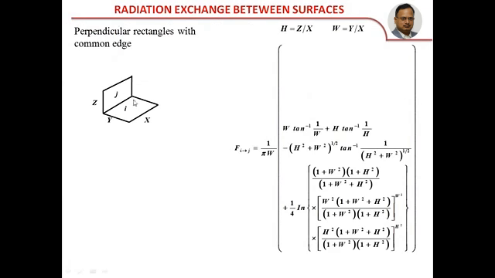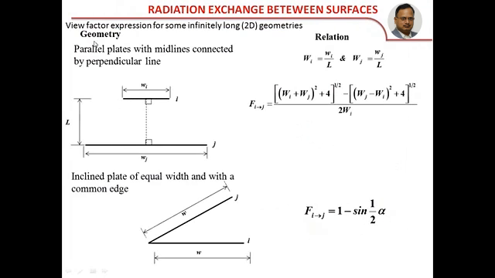If you have perpendicular rectangles with a common edge, that is they are touching together, making 90 degrees between the planes with y, z, x dimensions as shown here, then you can determine the shape factor using this formula.